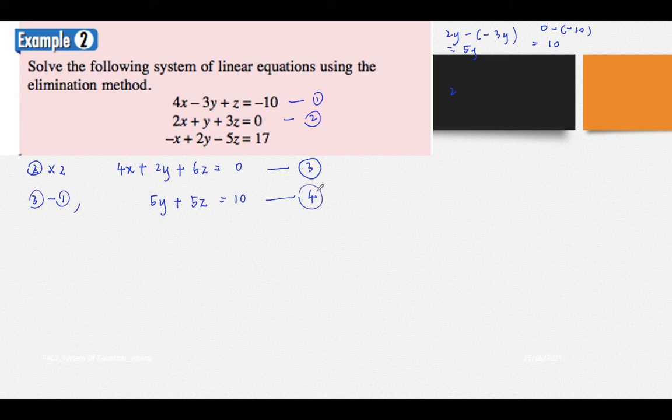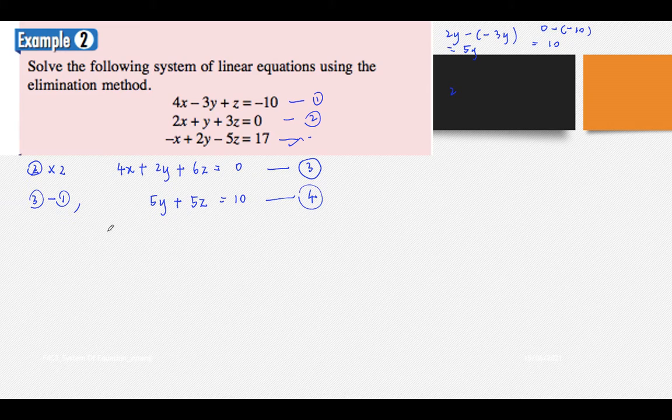Now, you choose another set of 2 equations. For example, I choose equation number 2 here and then equation number 3. Actually, this one should be 3, but it's okay, I follow your textbook so you're not confused.